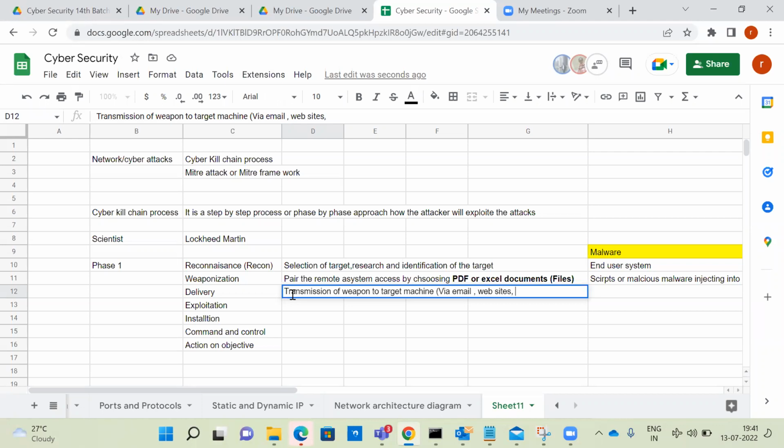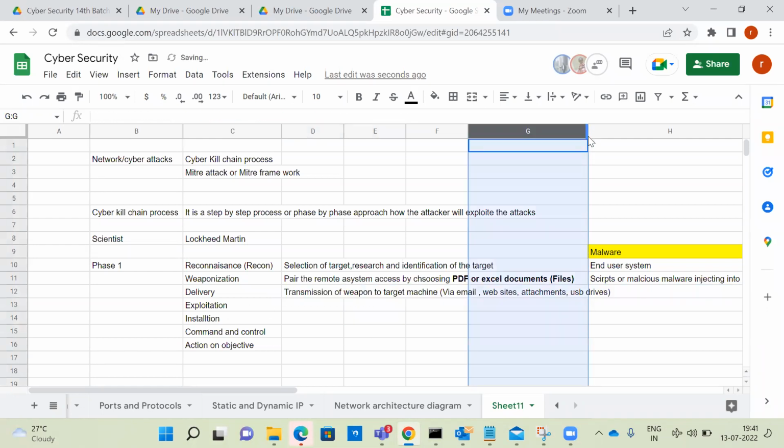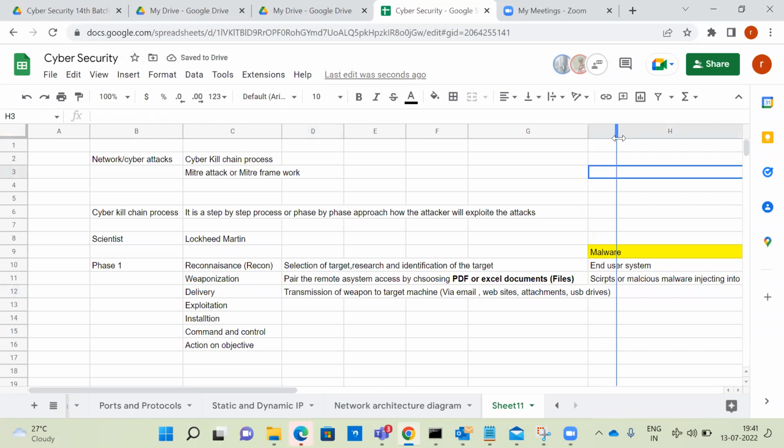All these are through files, right? So that malware may come through USB drives, through some attachments, maybe downloaded from websites, or via email. So this is called the delivery part.